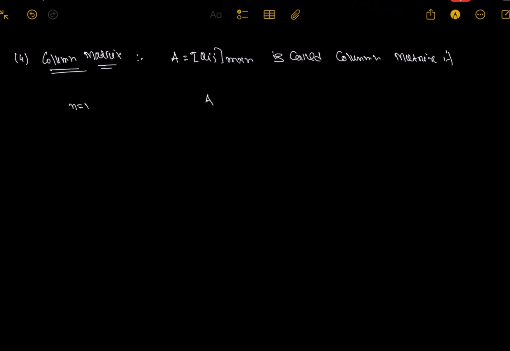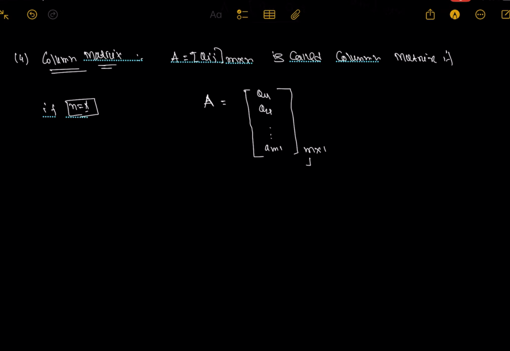If the given condition is n equals 1, this matrix can be looked at as A equals A11, A21 up to Am1. This is m cross 1, m rows, 1 column. This is 1 column, first row, second row, up to m rows.